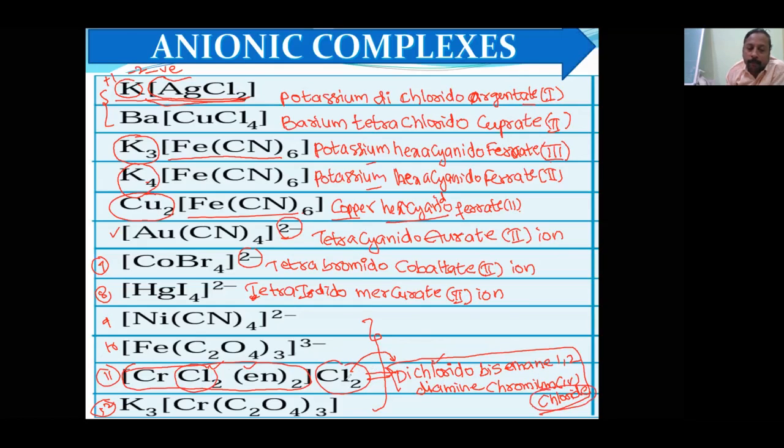That is the difference between the chlorine outside and inside. So once again, check it clearly: dichlorido, bis ethane 1,2-diamine, chromium, oxidation number 4, then chloride. I have read it out, so if anybody has a visual or video problem, they can understand now.